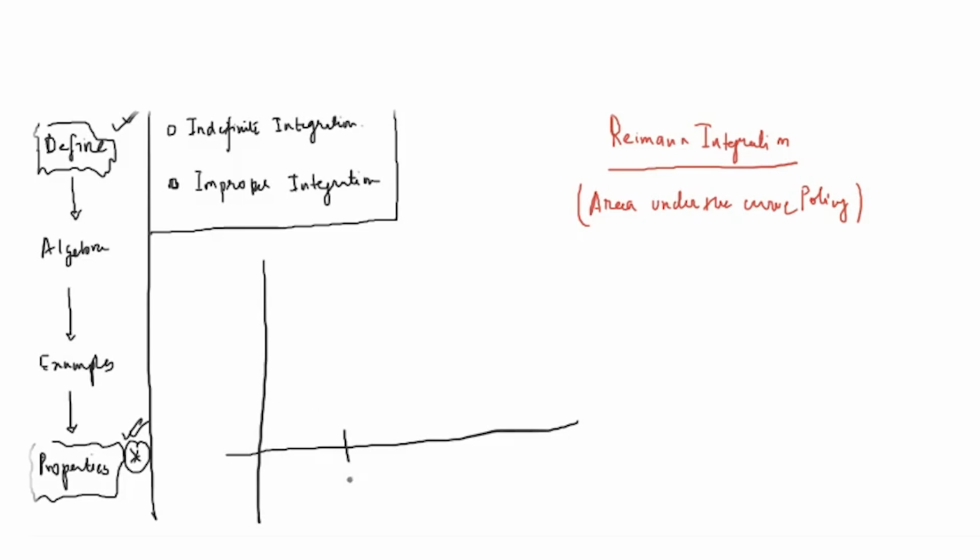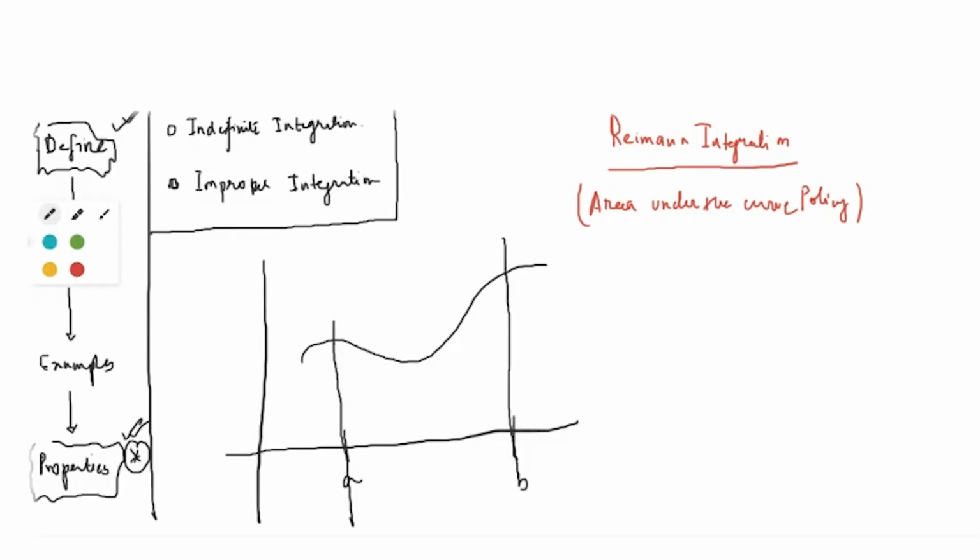So let's say this is A, this is B, and this is the area. This is the first bar, this is the second bar. Very good. So next, the idea was that they defined x1, x2, x3, x4 small points.